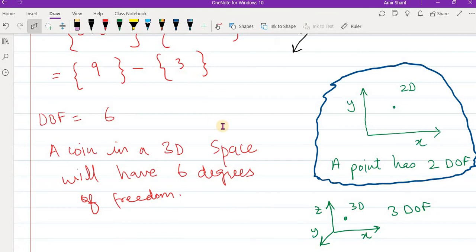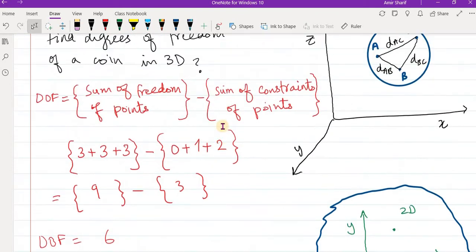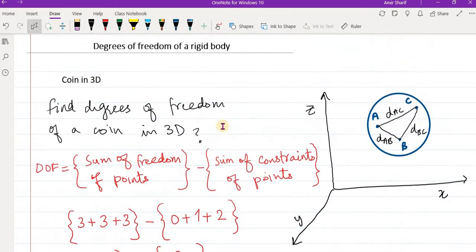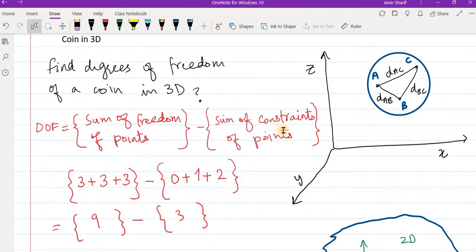So now let's try to visualize where these 6 degrees of freedom are. Of course, you can see that this coin can move along the z-axis, x-axis and y-axis, and it can also rotate about the x-axis, y-axis and z-axis.